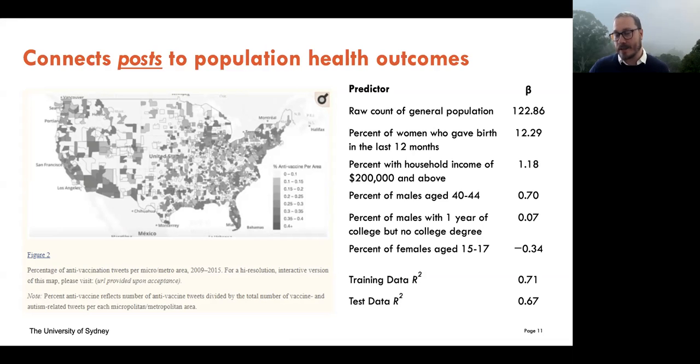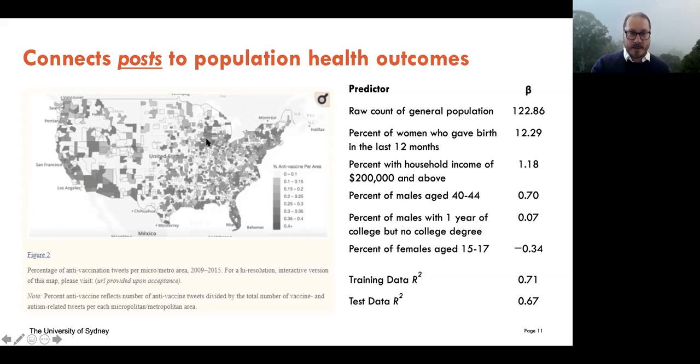In this paper, they made some assumptions about what was important, and decided that certain census data were important to model the number of anti-vaccine posts. They came up with this model, and the most important factor in it was the raw count of the general population.